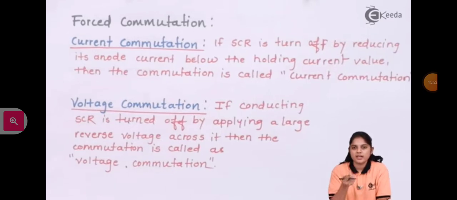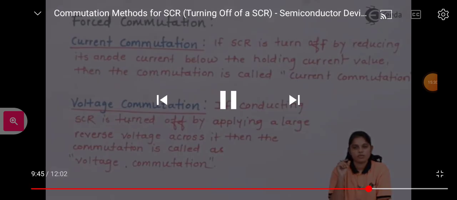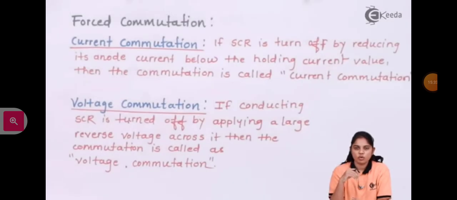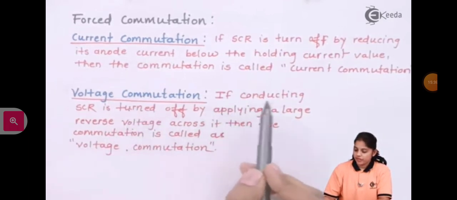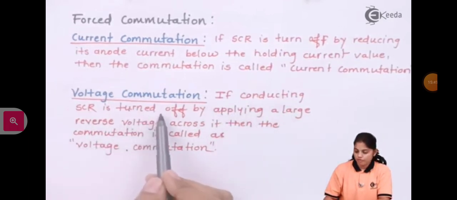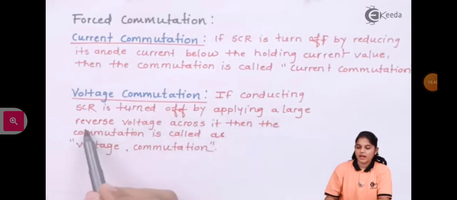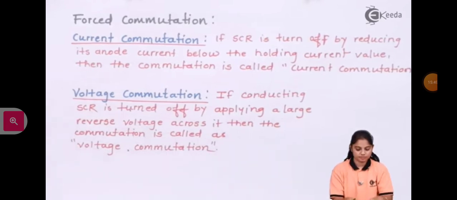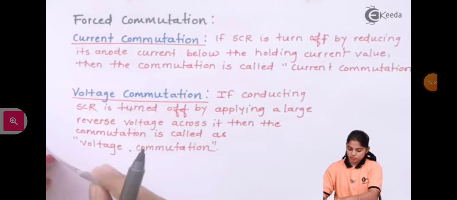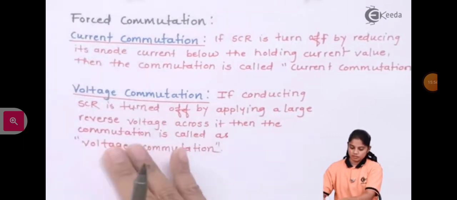If you provide the negative current, your current through the anode to cathode will automatically come below the holding value and your SCR will be turned off. Similarly, voltage commutation: if a conducting SCR is turned off by applying a large reverse voltage across it, then the commutation is called voltage commutation. I'll explain with a diagram.